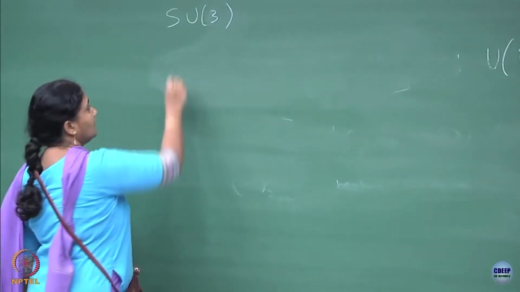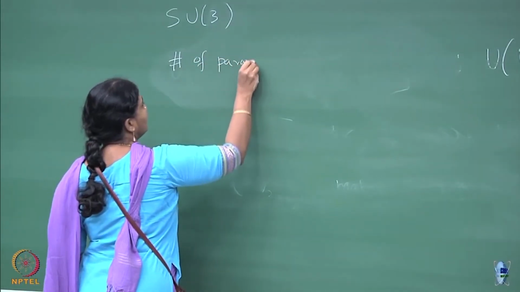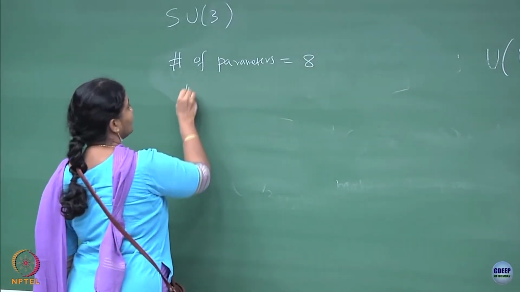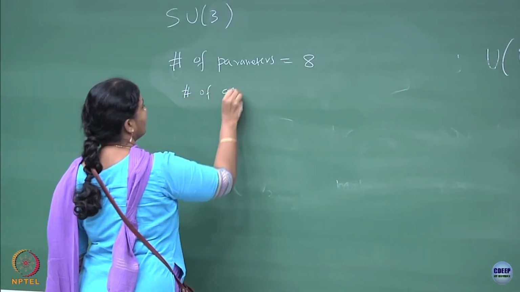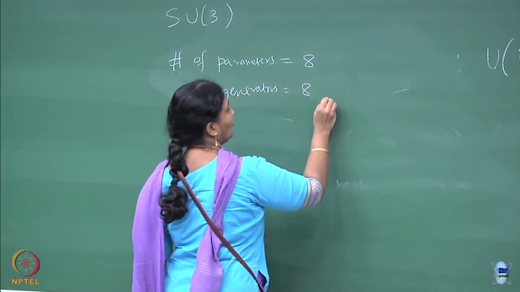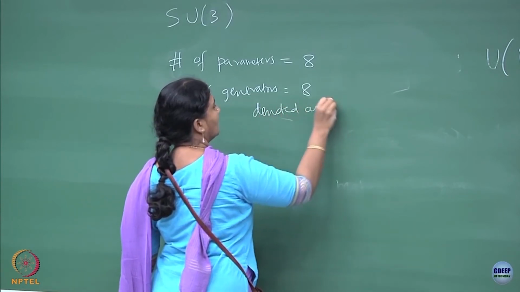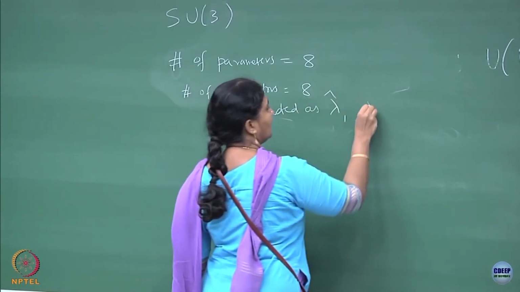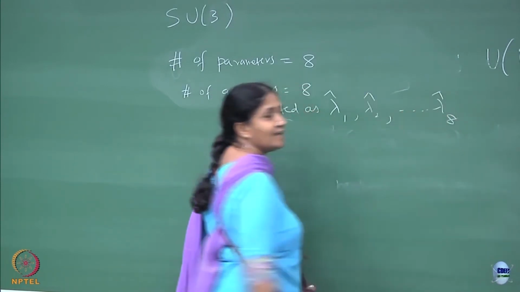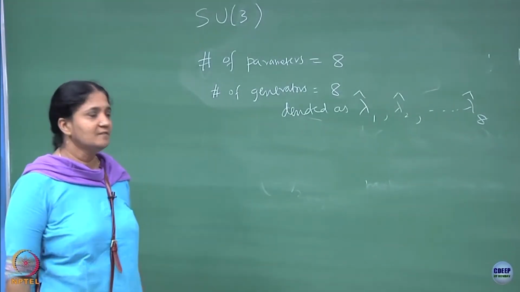For SU3, the number of real parameters is 8, the number of generators is 8, and I am going to denote them as lambda 1, lambda 2, up to lambda 8. Just like J1, J2, J3, you will have 8 such matrices.